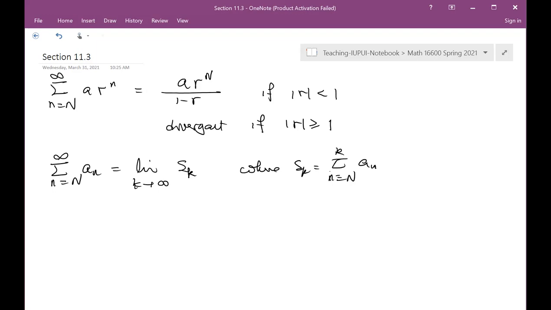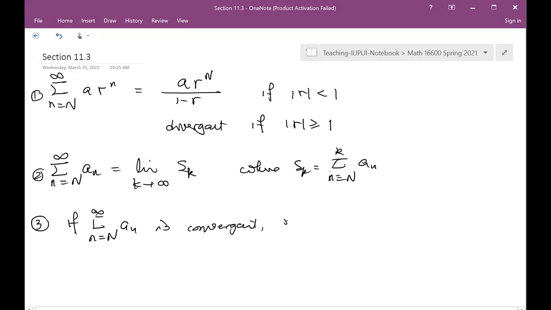And the next one, I think I remember, this is the first one. We learned second, third. If this is convergent, then the limit as n approaches infinity of the nth term is going to be 0.